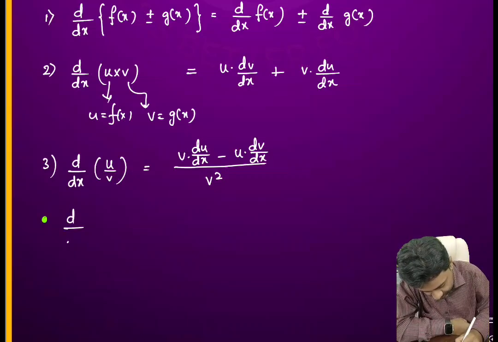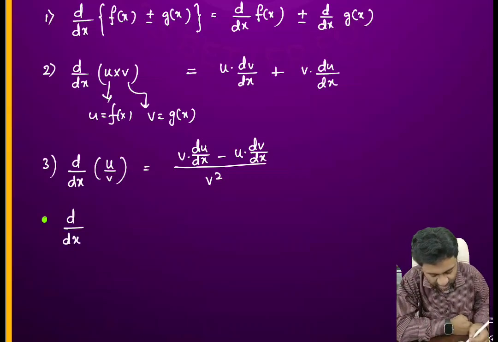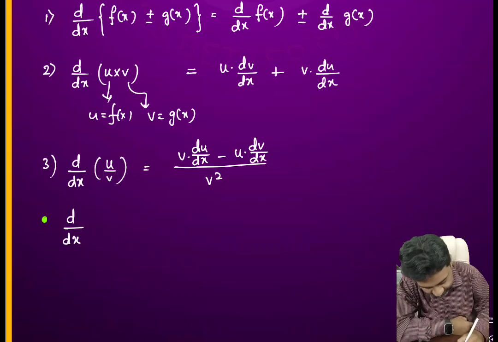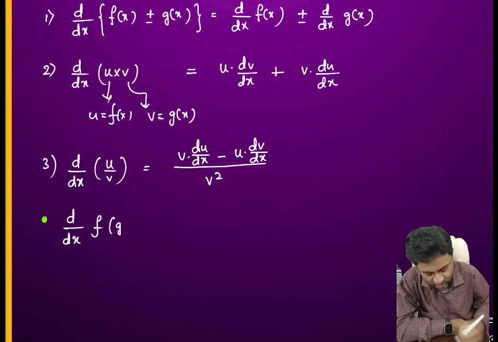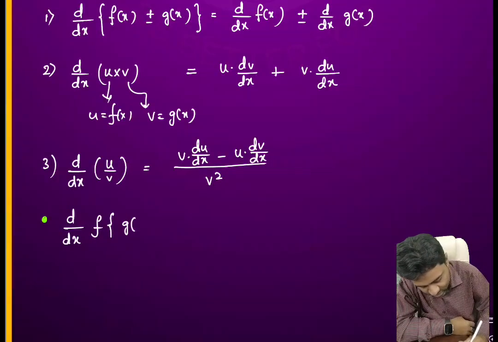And one more property, it's a very important property. You cannot say it's a theorem, but it's a property. Suppose you want to take derivative of a function which is another function of x. What will be this derivative? f of g(x).